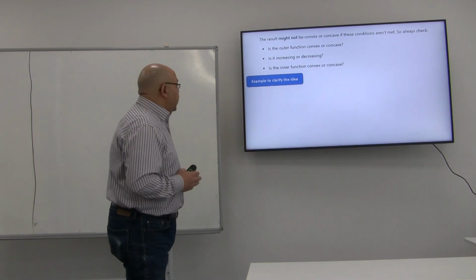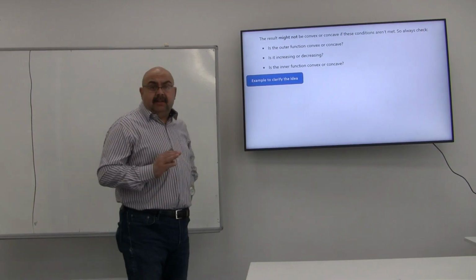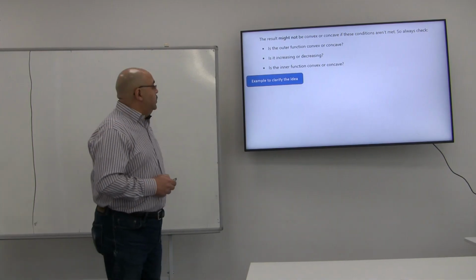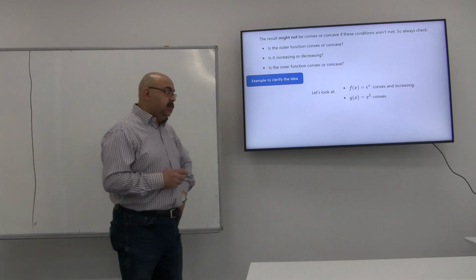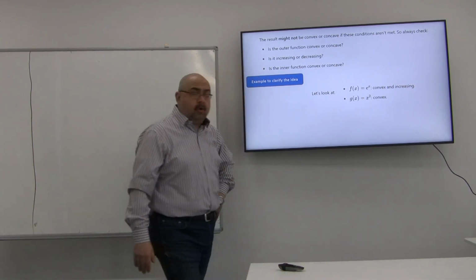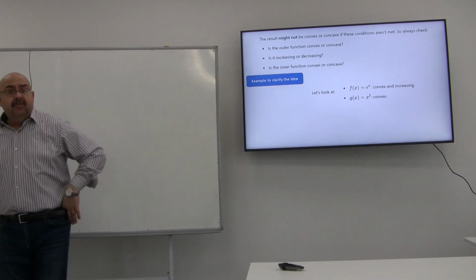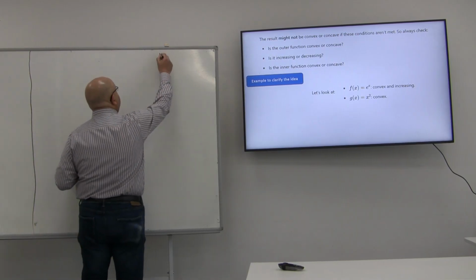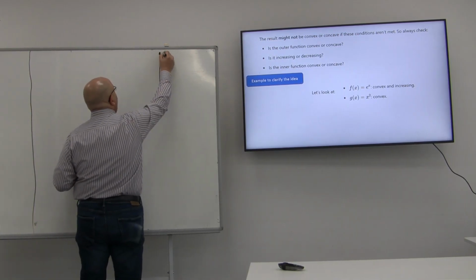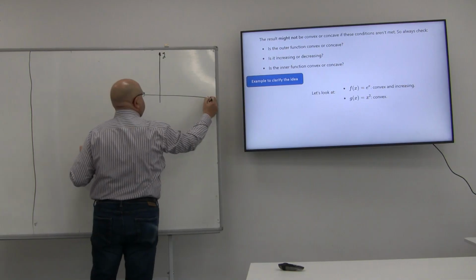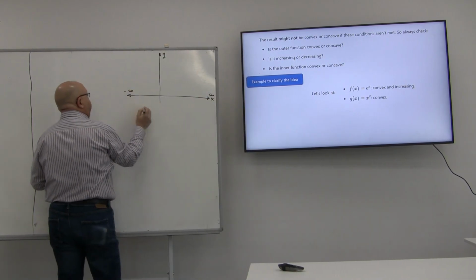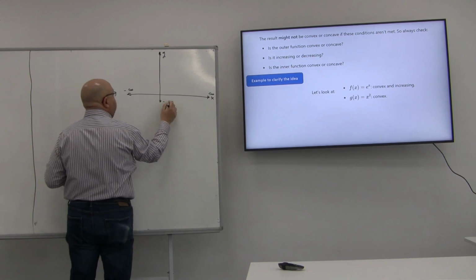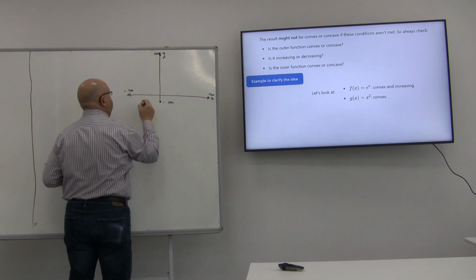One of the nice examples that I thought to add to these slides is the exponential function, f of x equals e to the x, which is really very simple. If you remember, that's the y-axis, and that's the x-axis. This is positive infinity, and that's negative infinity. Same, negative infinity, and that's positive infinity.